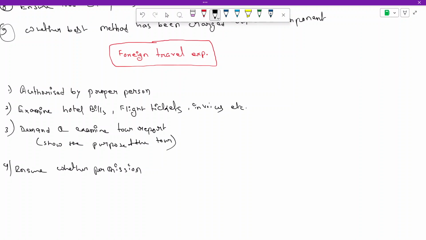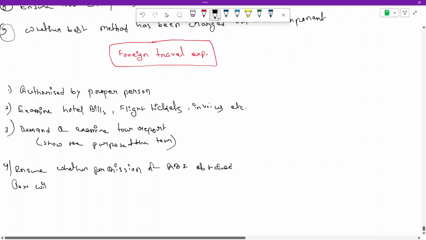Ensure whether permission of RBI is obtained for withdrawing foreign exchange above the permissible limit.